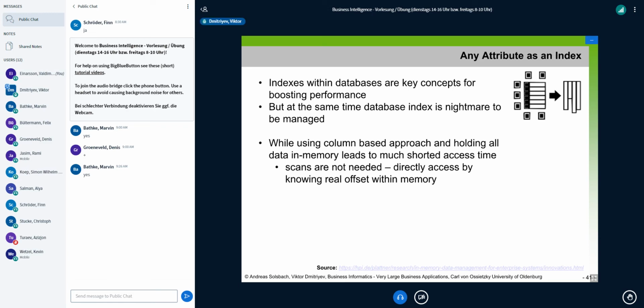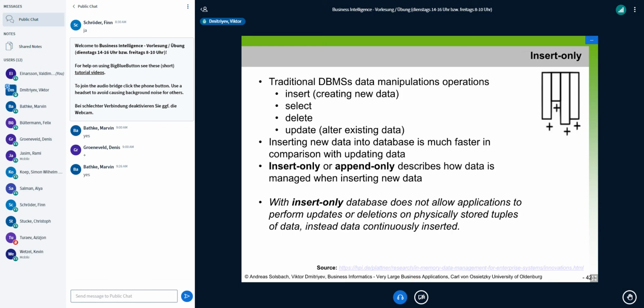By calculating these offsets, this reference is really fast. That's why you don't need an index to reference a particular value, and you don't need a B-tree or similar to search through, because full scans are totally fine because it's really fast, it's in memory, and if you need a particular value, you always can calculate the location of the value.